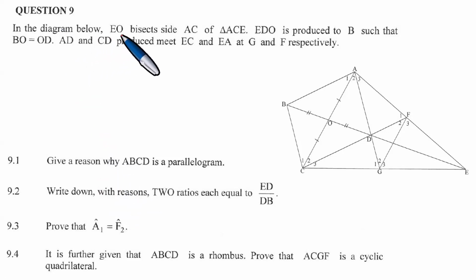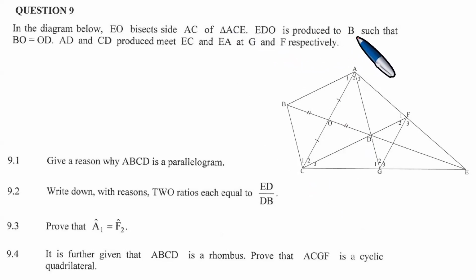In the diagram below, here's the diagram. You have EO, right? EO bisects AC of triangle ACE.